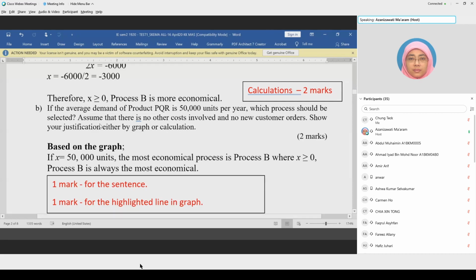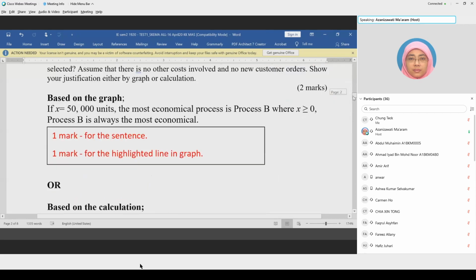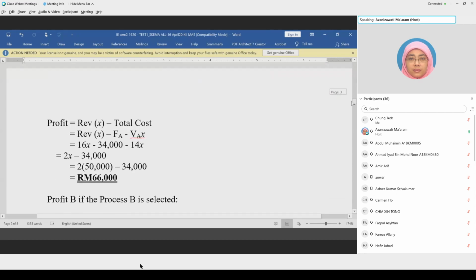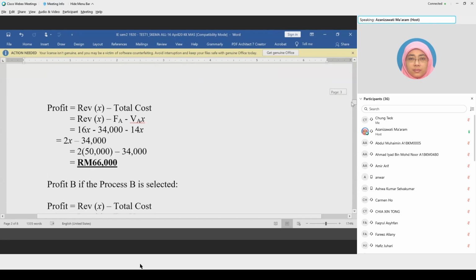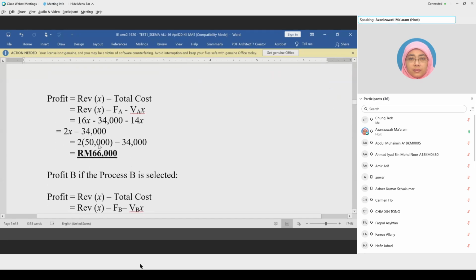So if sorry. So if the demand is 50,000 units per year, so means based on the calculation 50,000, okay, ni you will use the profit equation where profit equal revenue multiply with X minus with total cost.